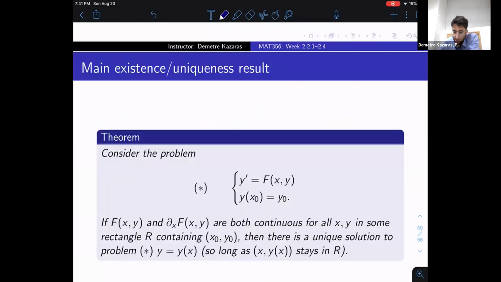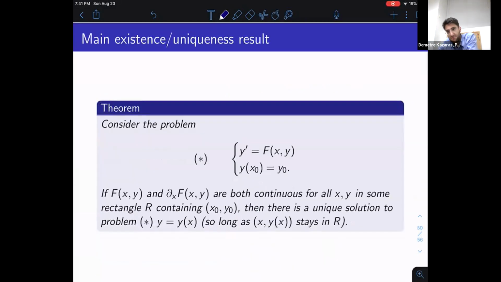Here's a fact that kind of articulates what we were just saying. Suppose we're looking at the sort of problems that we've been studying in this chapter so far. Here's a situation where you can guarantee existence and uniqueness. By existence, I mean you can always solve the initial value problem star, and by uniqueness, there is only one solution to the initial value problem star.